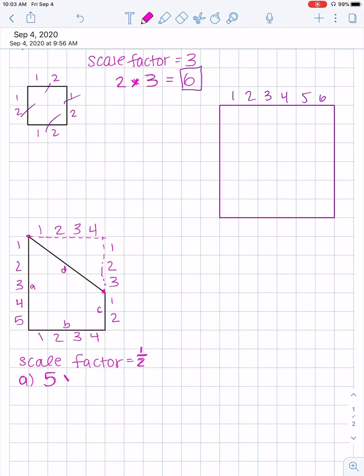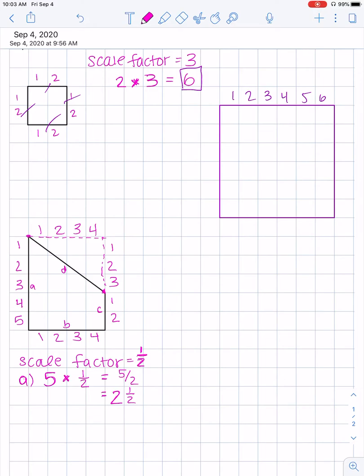So we're going to multiply by our scale factor. And 5 times 1/2, take a second to try and figure that out. And we can write it as 5/2, or we can say equals 2 and 1/2 as a mixed number.